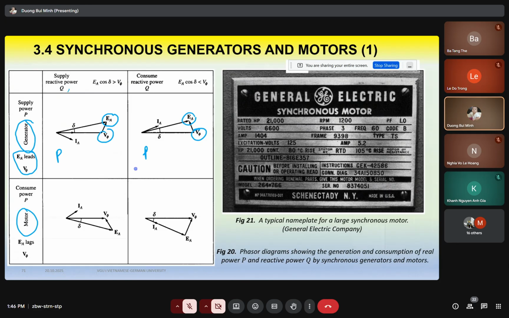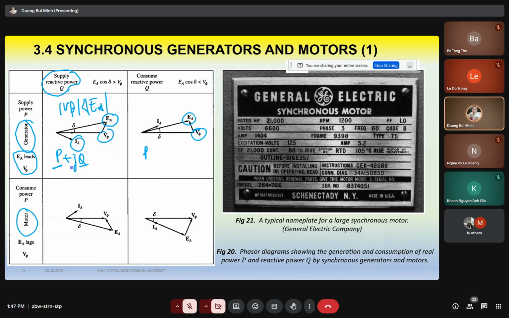Now look. For this case, the magnitude of V phase is less than EA. Why? Because this is lagging. So the reactive power will flow from EA to V phase. So here you get P plus jQ, meaning the generator supplies reactive power.